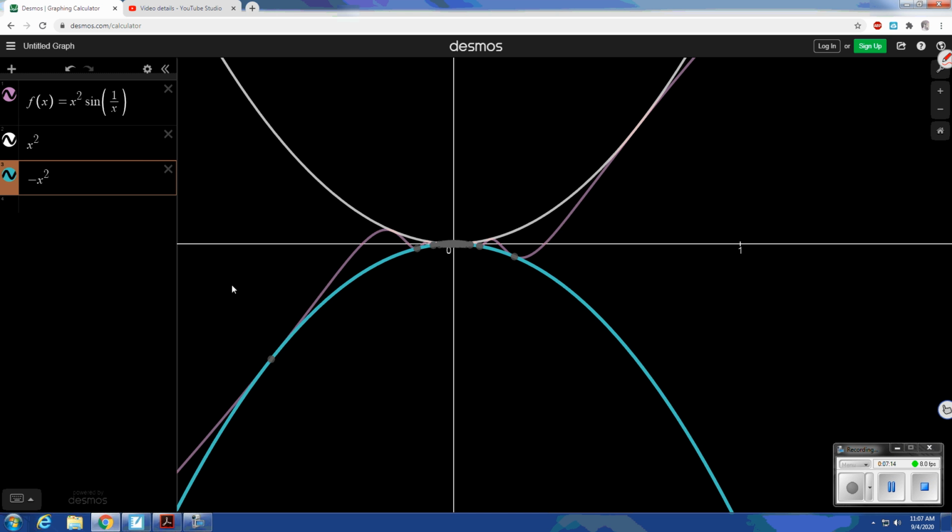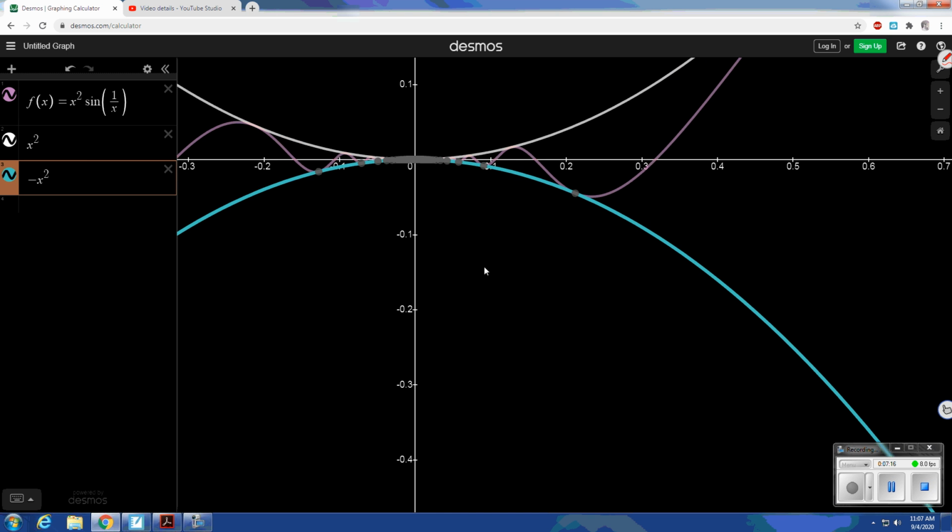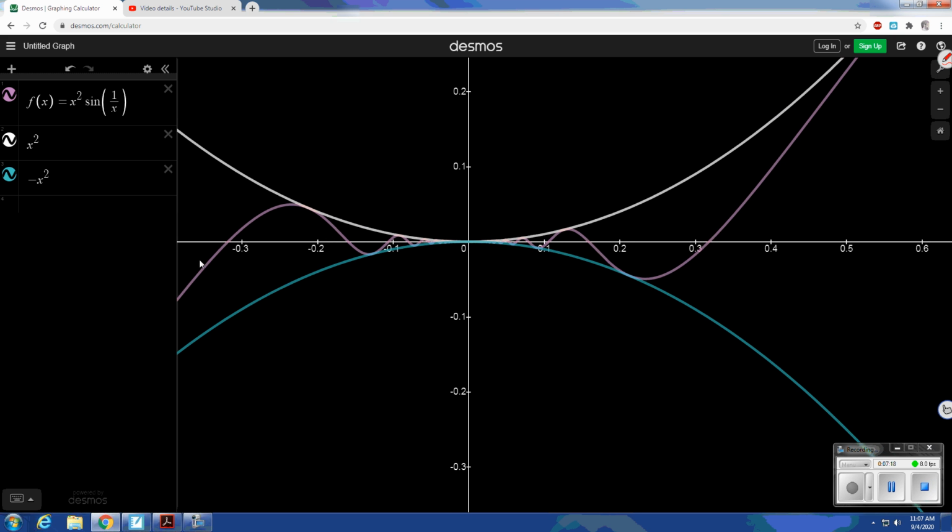If I turn on these two graphs, as we zoom in, you can see that as we approach 0, this pink graph, which represents the function g of x, is getting squeezed between our h of x, which is positive x squared, and our negative x squared, which is our f of x. So if we can compute the limits for f and h, we expect the limit for g to be the same as long as f and h reveal the same limit at that point. So that is the squeeze theorem.